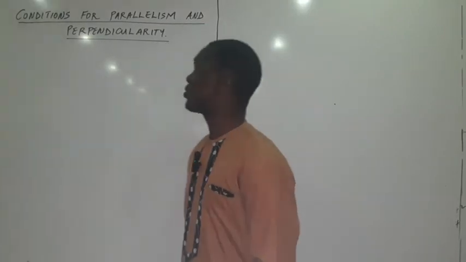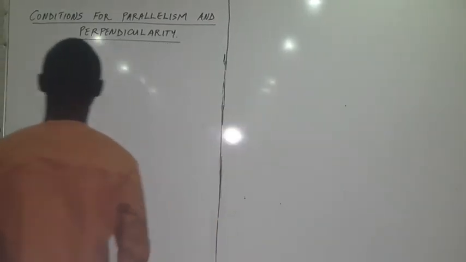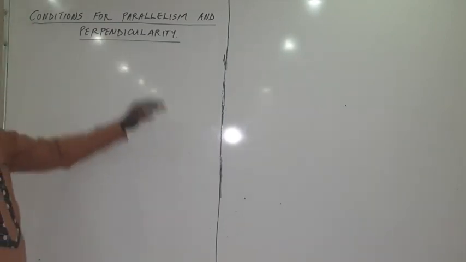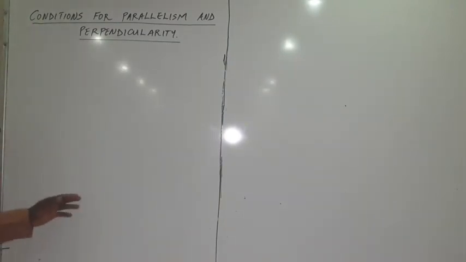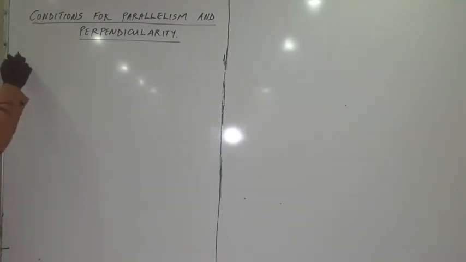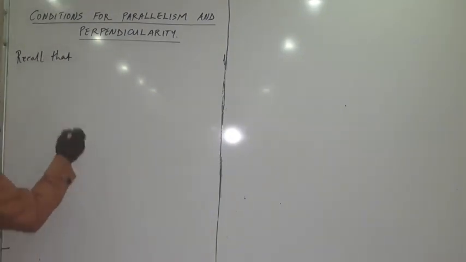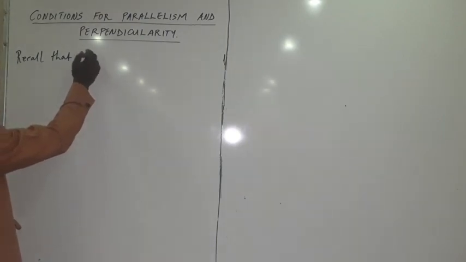Welcome back to today's class, which is the last part of coordinate geometry, and the subtopic is conditions for parallelism and perpendicularity. So we are going to recall the angle between two straight lines.